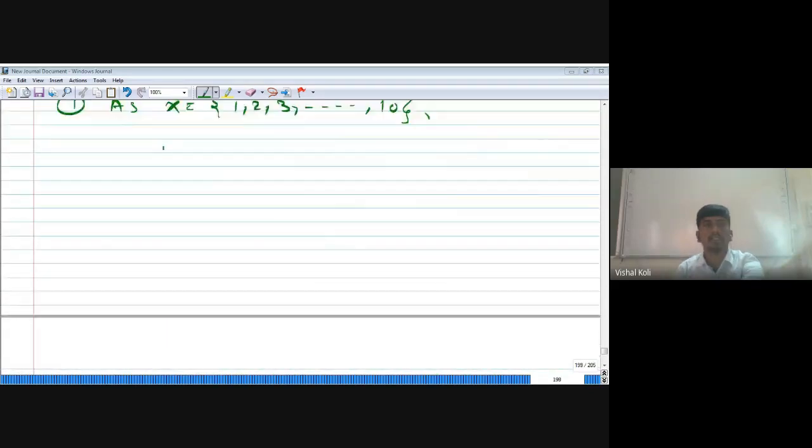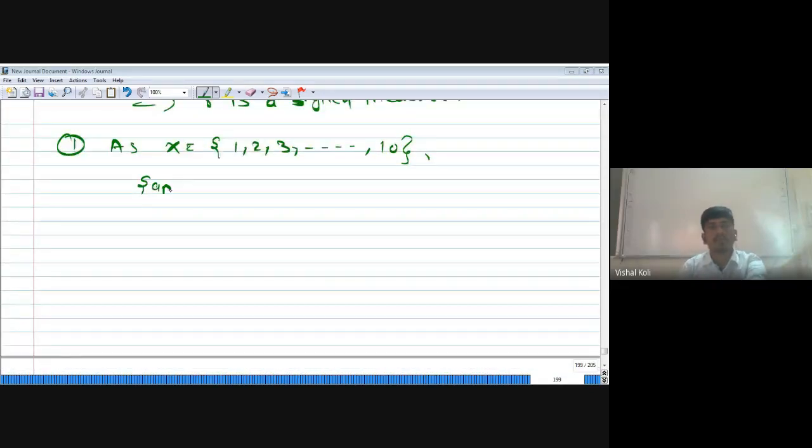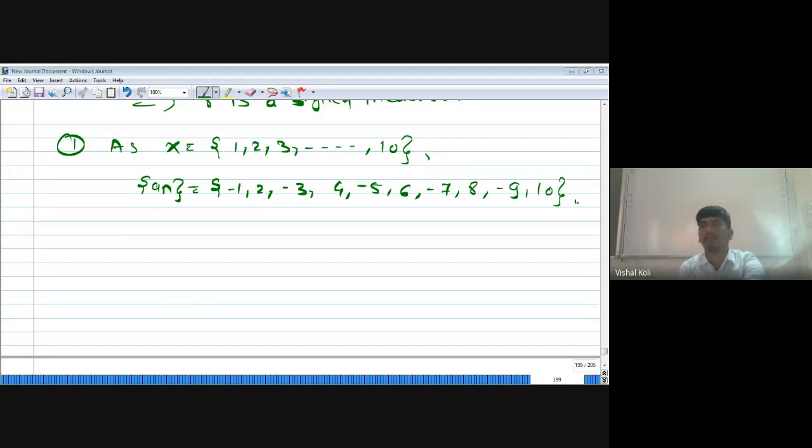here the sequence an equals minus 1, 2, minus 3, plus 4, minus 5, 6, minus 7, 8, minus 9, 10, which is from the given sequence.